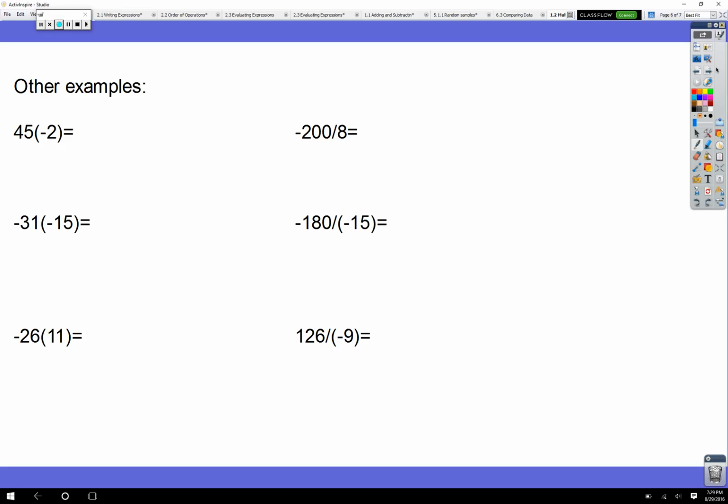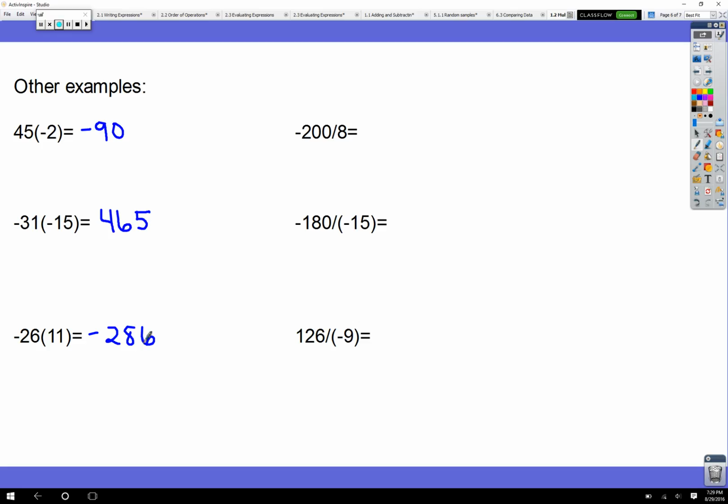Okay, 45 times negative 2 equals negative 90. 31 times negative 15 is positive 465. That one may be a little trickier to do in your head. Negative 26 times 11, the answer is going to be negative 286.